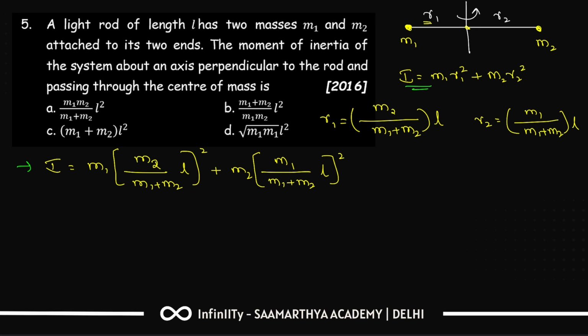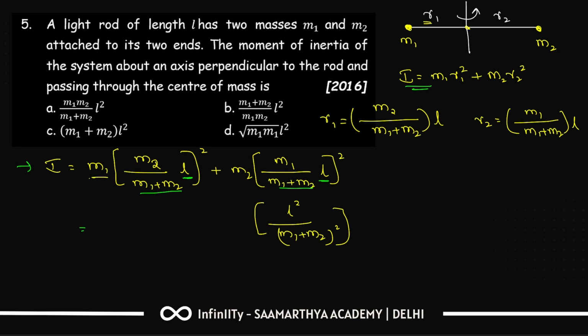Now what are the things that we are supposed to take common here? m1 plus m2 and L is common everywhere with a square. तो उसको सेपरेट बाहर निकाल लो पहले. L square by m1 plus m2 whole square.